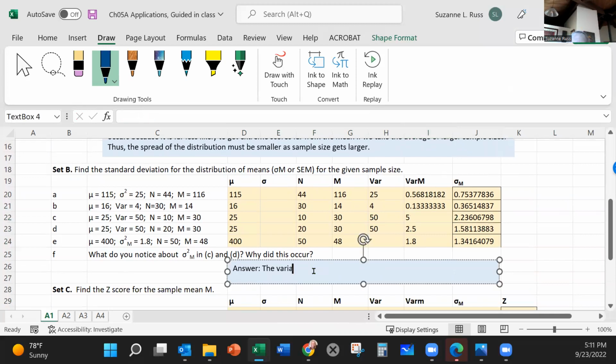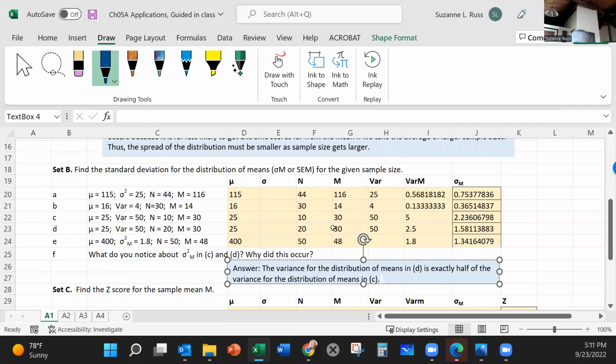The variance for the distribution of means in D, I'll do it like this, parentheses around the D so it doesn't look weird, is exactly half of the variance for the distribution of means in C.